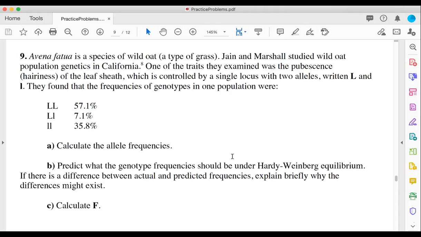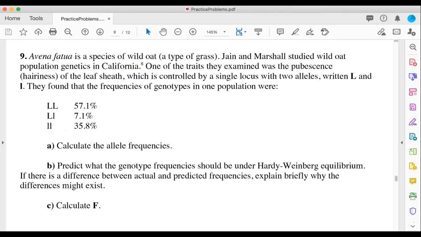And this is apparently controlled by a single locus with 2 alleles. In this particular species, you can tell the heterozygotes apart from the homozygotes because apparently there's incomplete dominance going on. So leaf sheath hairiness is controlled by a single locus with 2 alleles, and the frequencies of genotypes in one population are big L big L, big L little l, and little l little l.